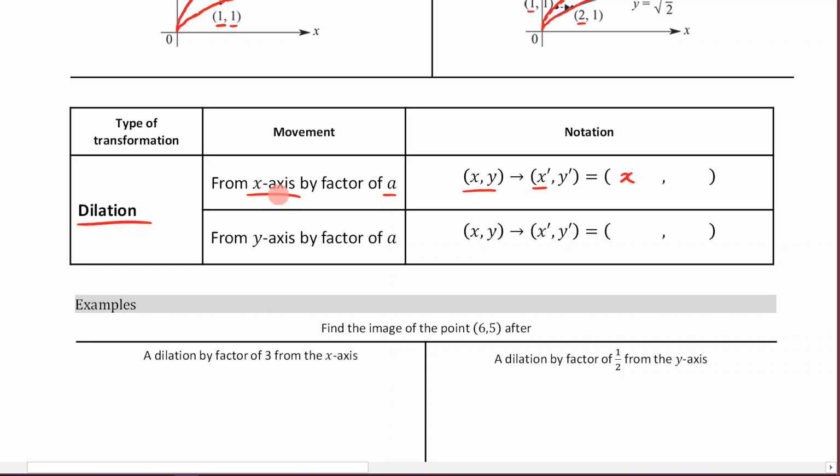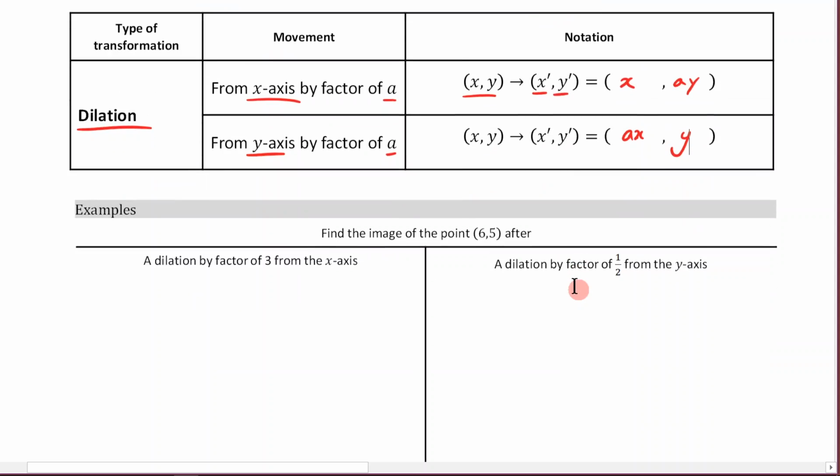If I'm dilating from the x-axis, it is my y value that changes, so y dash is going to become a times y, so ay. If I'm dilating from the y-axis by a factor of a, then it is my x dash that is going to be ax. So it is my x value that changes, and my y value stays the same, so y dash is going to stay y.